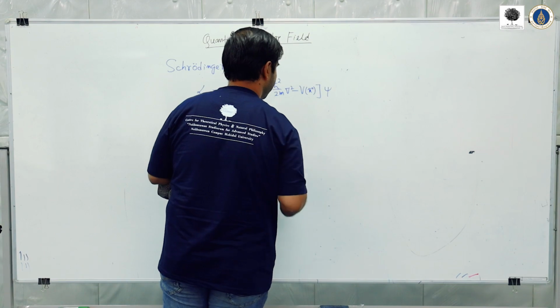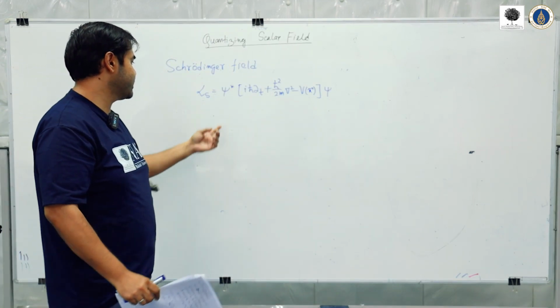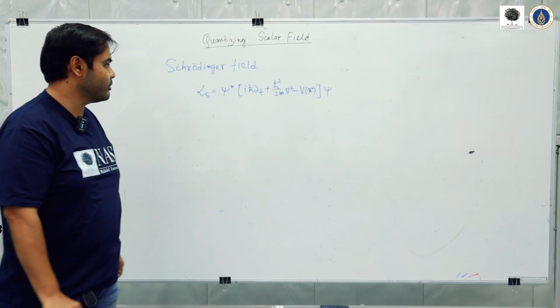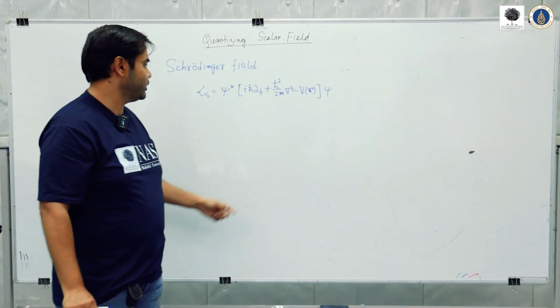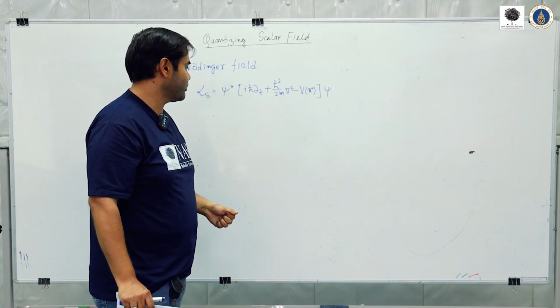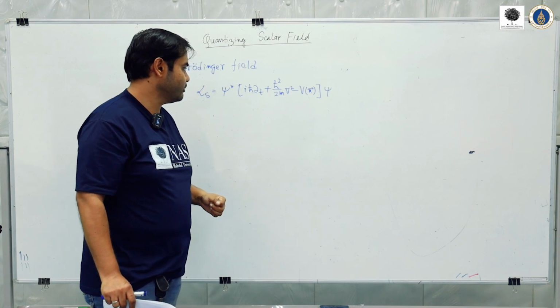I hope people are familiar with these notations. So psi is the field variable, and these are the time derivatives. I am considering a Laplacian here in d dimension.